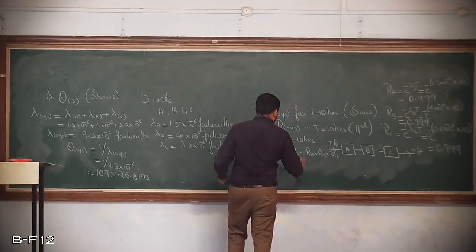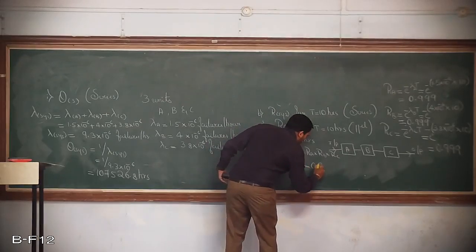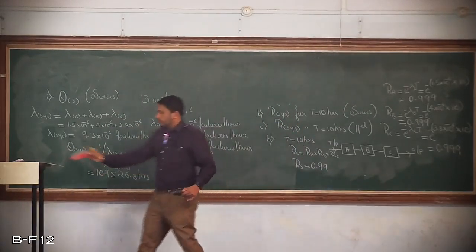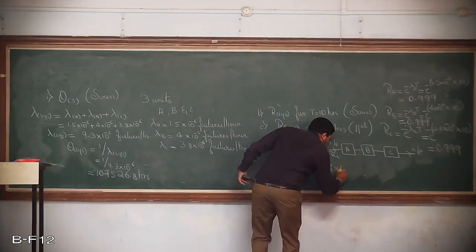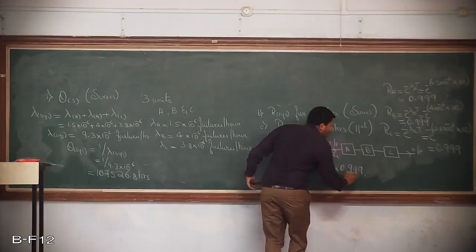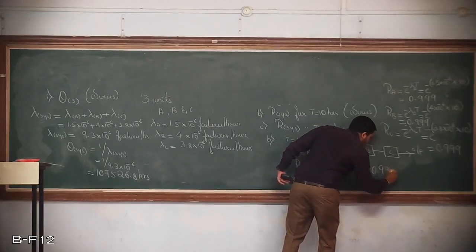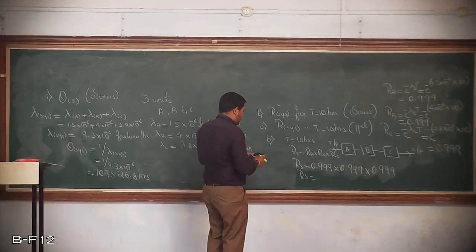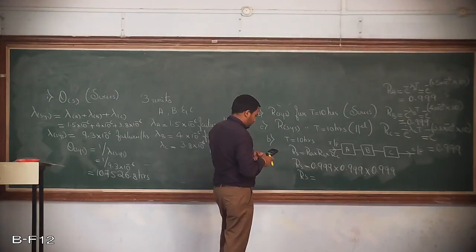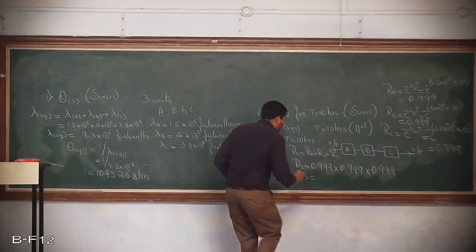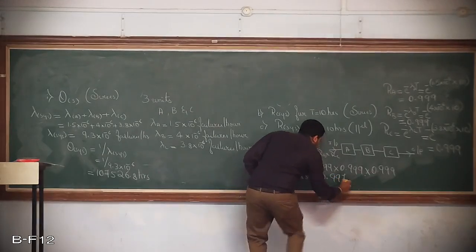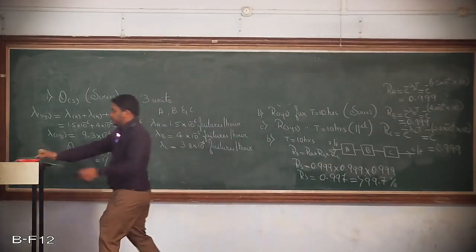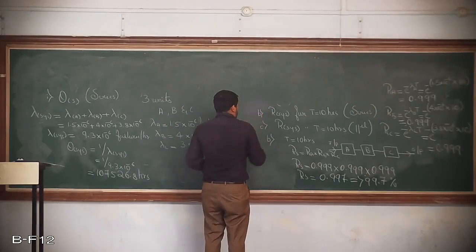Hence the reliability of the system is 0.997, which implies 99.7%. So this is B.